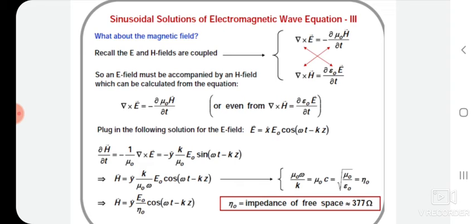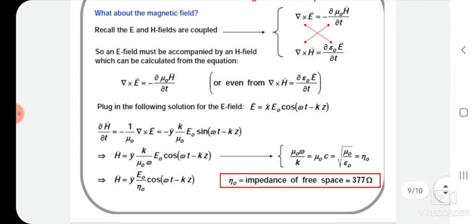Here mu naught omega by k is equal to mu naught c, which is equal to square root of mu naught by epsilon naught. Therefore, H is equal to y-hat E naught by eta naught, where eta naught is nothing but the square root of mu naught by epsilon naught.